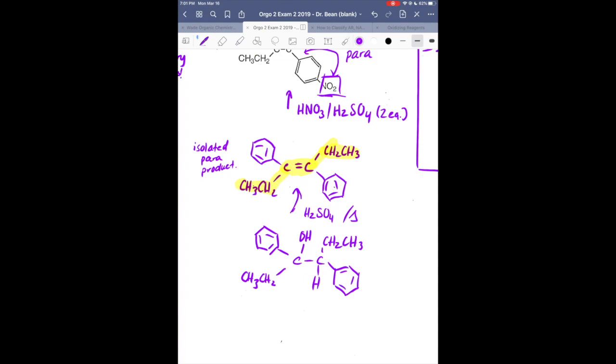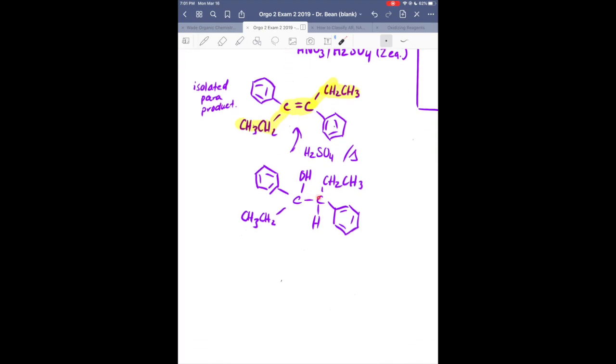Hopefully that helps you to see why you could not put the double bond right here. You see, because there's not a hydrogen here, right? This carbon has 4 bonds to carbons. Okay, so it's definitely going to force it to form right in the middle there.